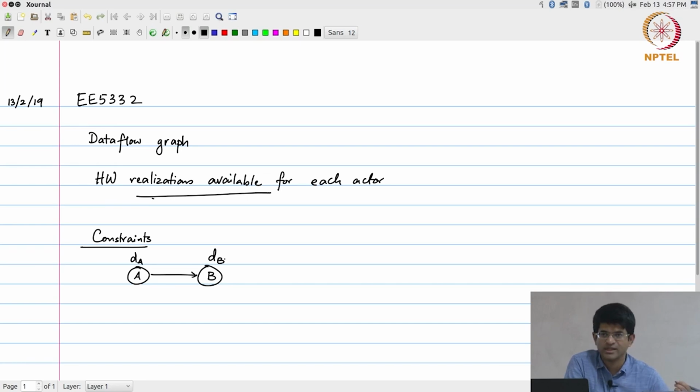I am assuming that I have some kind of hardware, be it an adder or a processor that is capable of executing code, something that will take dA units of time to complete one execution of A. So dA and dB are what I am going to call the execution delays of A and B.